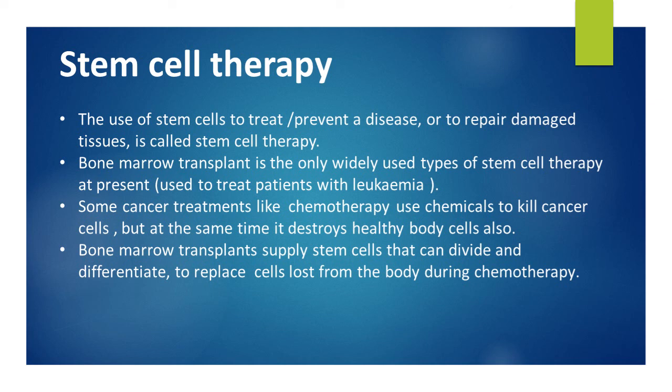But so far the treatments using embryonic stem cells have not progressed very much. Those are still at the experimental stage, and because there are a number of problems, many people have moral and ethical views regarding this. So even though one day this might be used to cure many diseases.